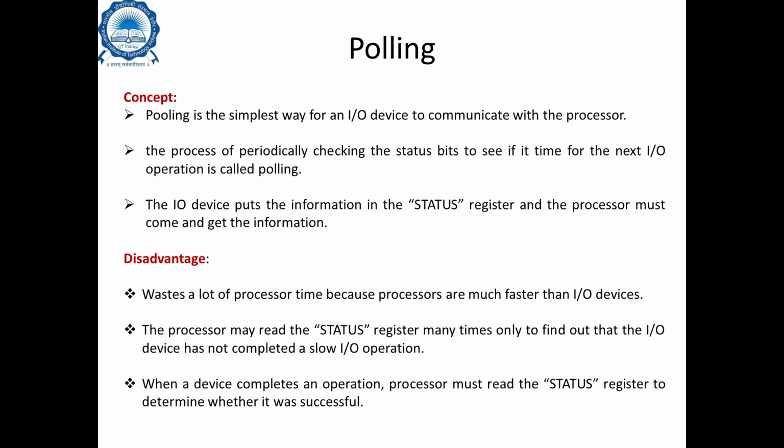That is quite likely to happen, and when a device completes an operation, the processor must read the status register to determine whether it was successful. So to check if the operation is successfully completed or not, the processor has to read the status register.